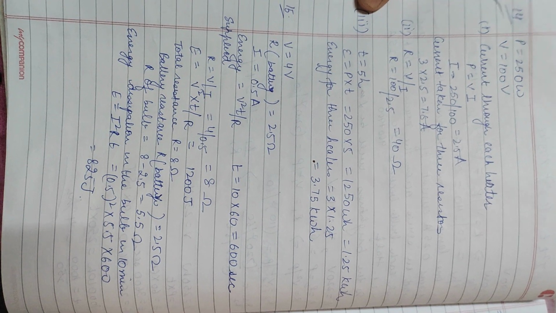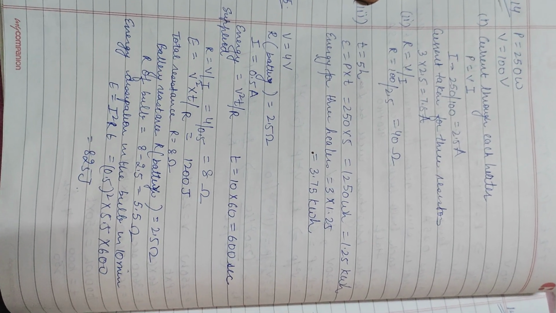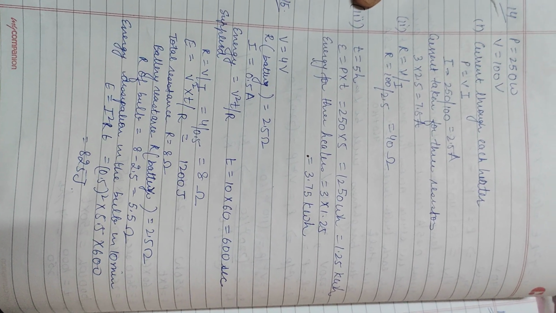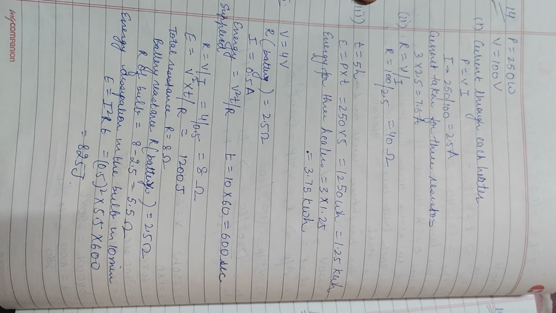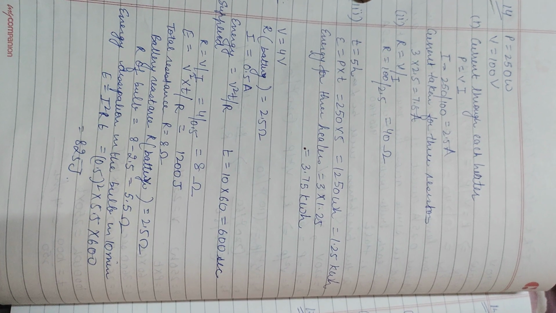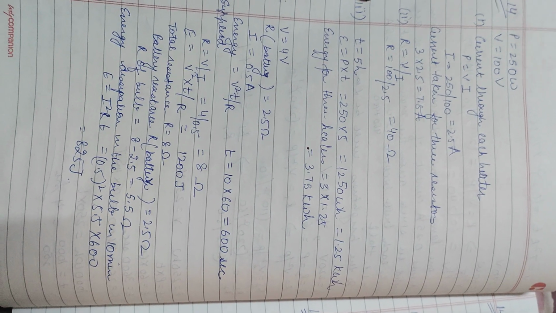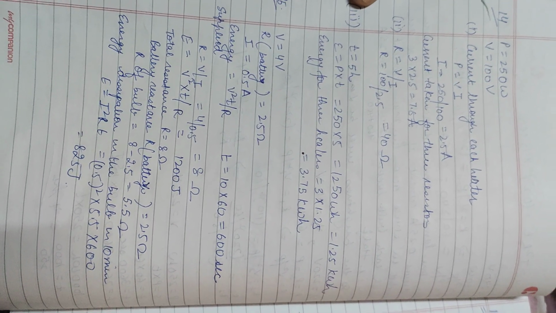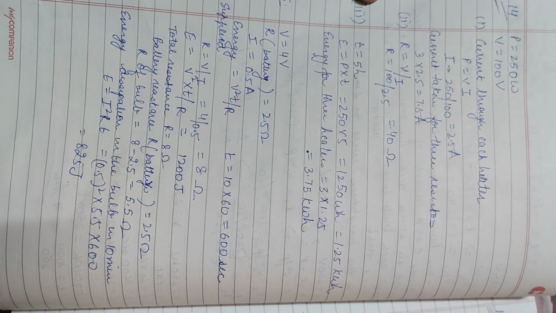See, power is given to you and value of voltage is given to you. So P is equal to V into I, so current is equal to P upon V. You will get the value of the current. Now the value of the current for 3 resistors we are having.